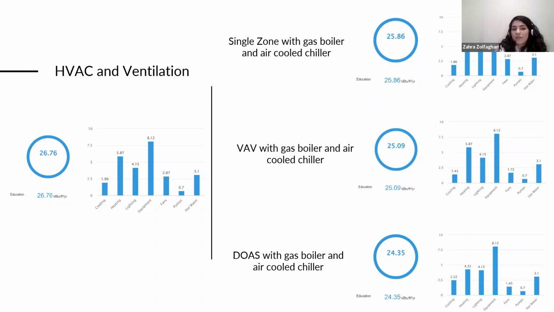Due to the project emphasis on indoor air quality, ventilation, humidity, and energy efficiency, we decided to continue with DOAS system with a gas boiler and air-cooled chiller. And you can see that with the use of DOAS, we were able to reduce the EUI from 26 to 24, so a 2 point drop.